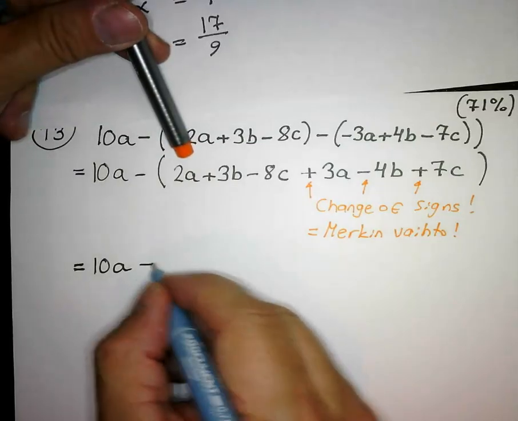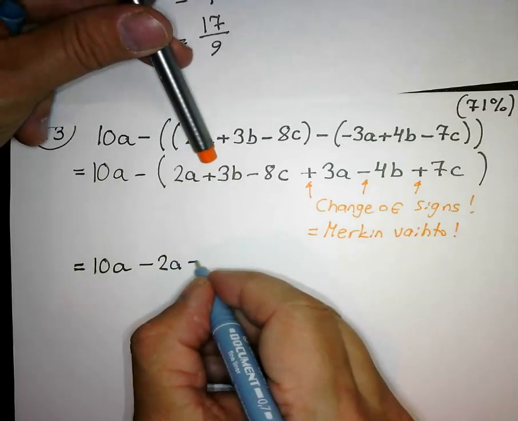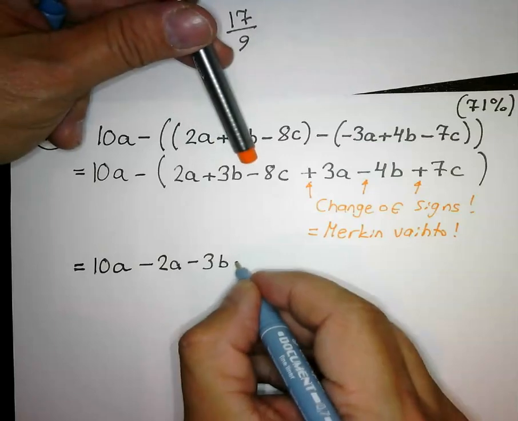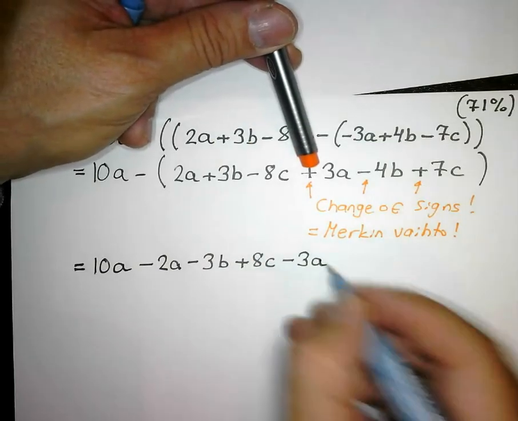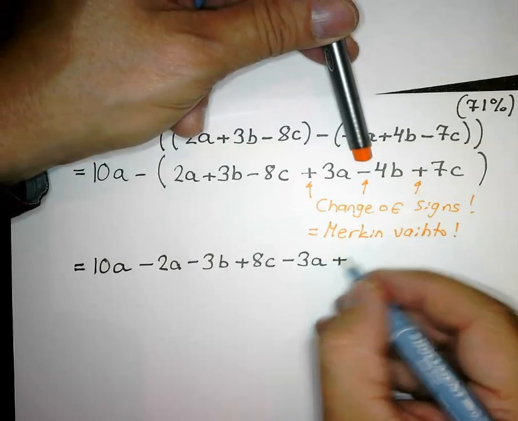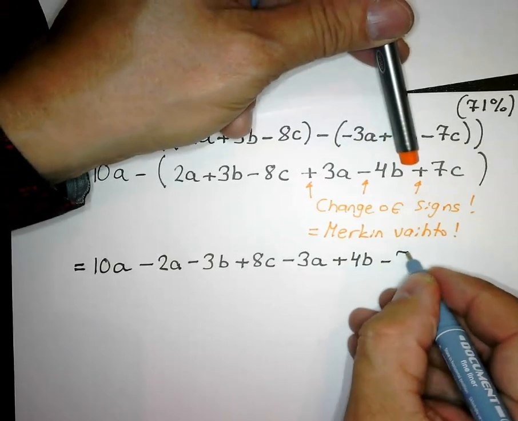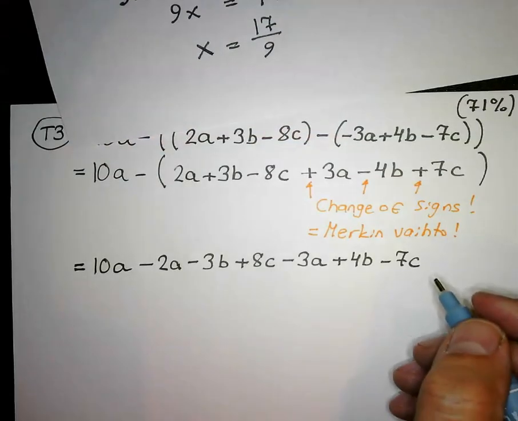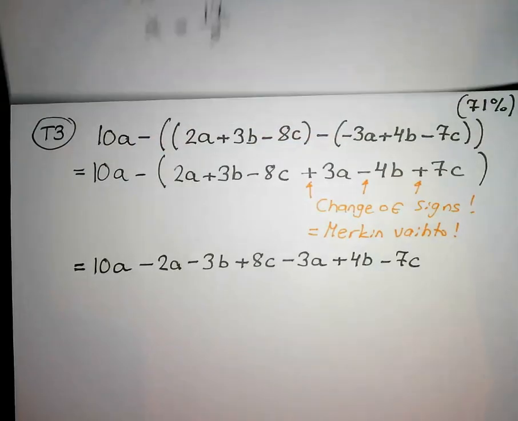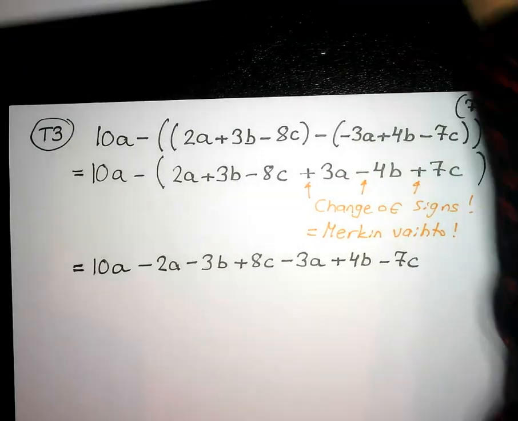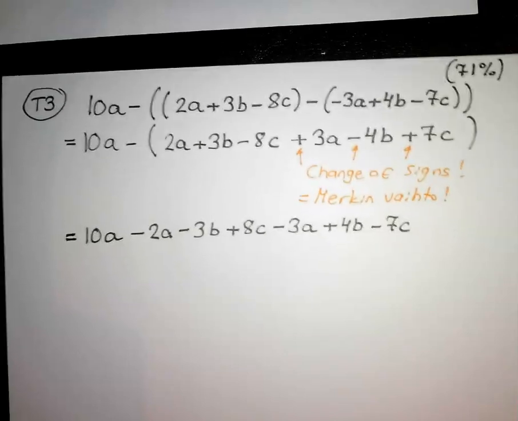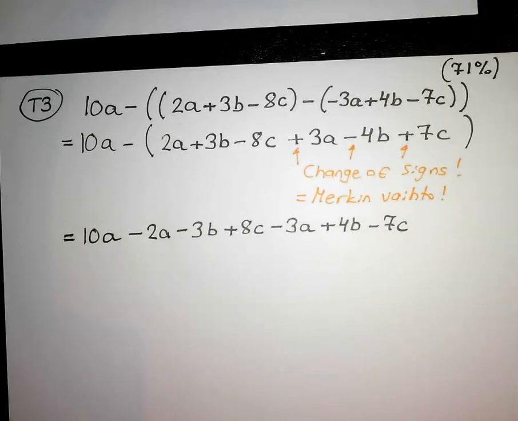So here we have minus 2a minus 3b plus 8c minus 3a plus 4b minus 7c. It is not a hard problem, but you have to be very careful. If you make mistakes, the answer will be incorrect.